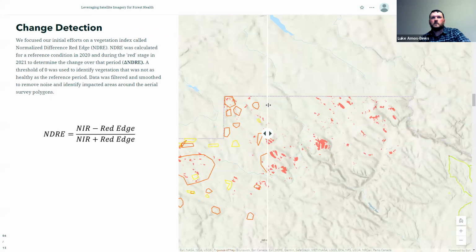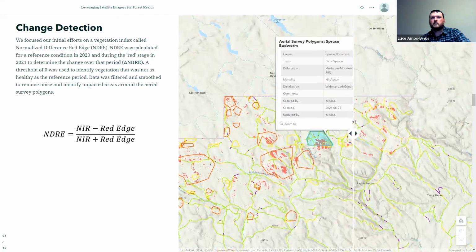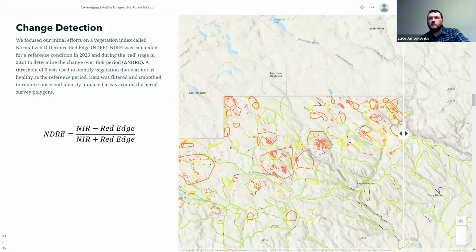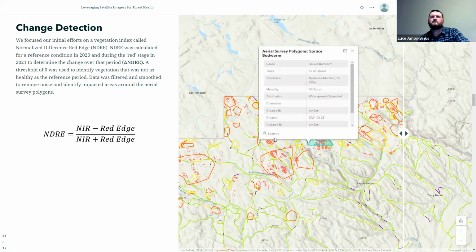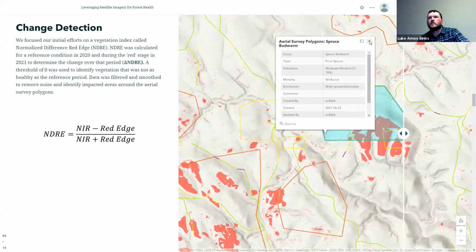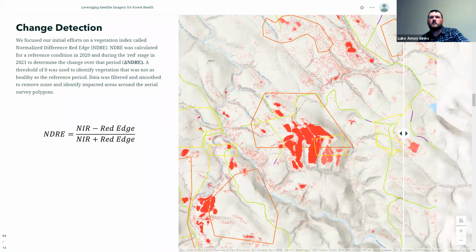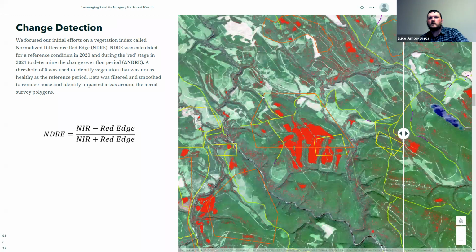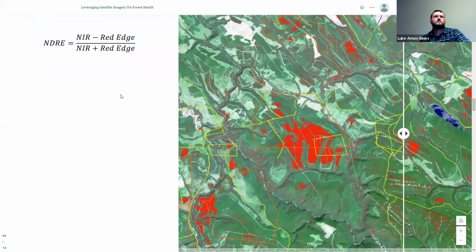So I'm just going to zoom in a little bit on this polygon here, just as an example of where the polygon was drawn to encircle this area, but there's some areas down here that were actually identified with this change detection index that we put together. So it was pretty promising for us.